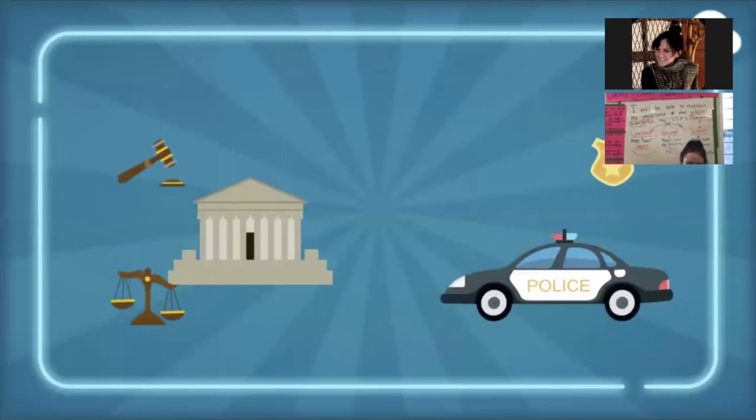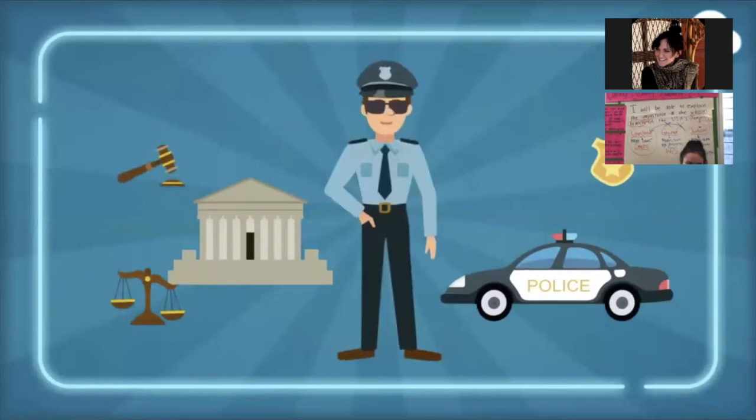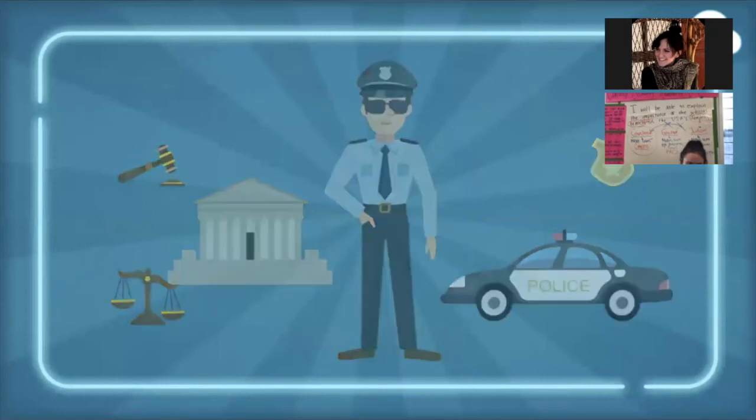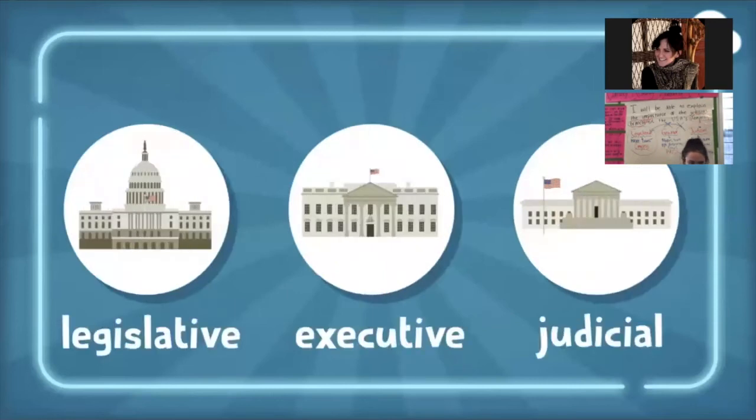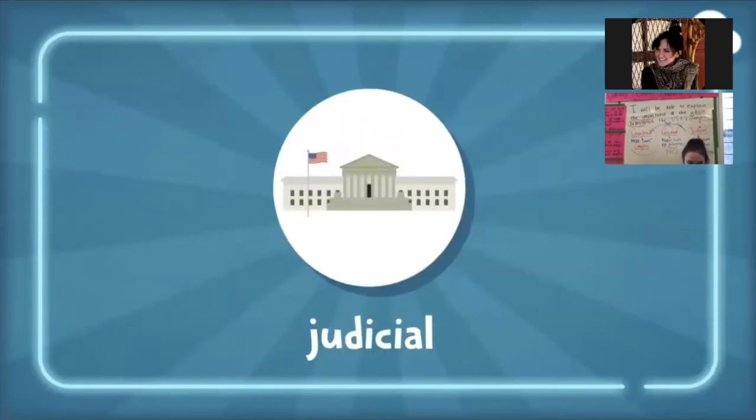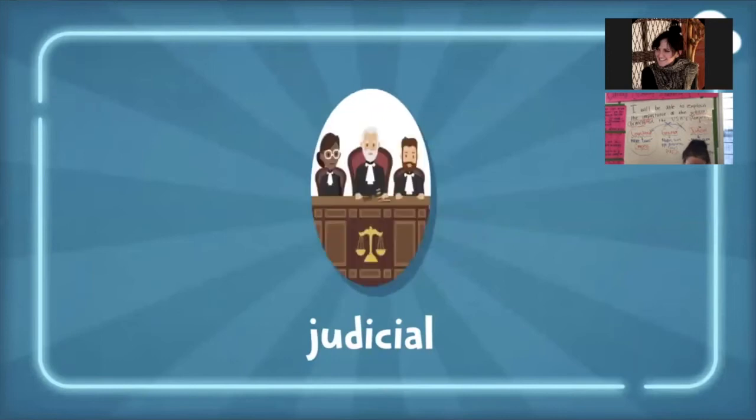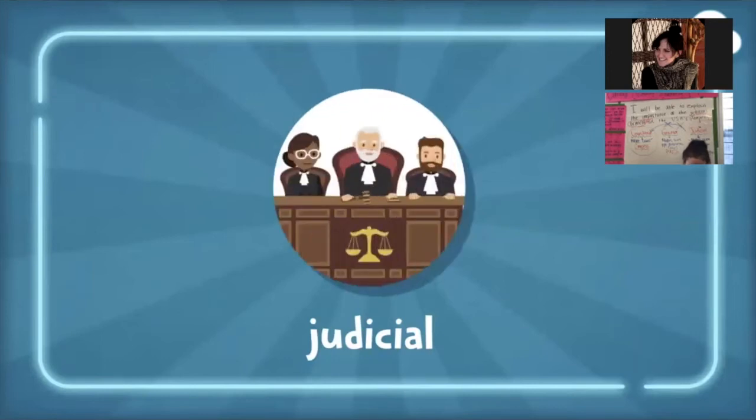The executive branch also enforces laws to make sure that people follow them. The judicial branch is made up of courts and judges. The U.S. Supreme Court is the highest court in the judicial branch. Members of the judicial branch review laws to make sure they are fair.